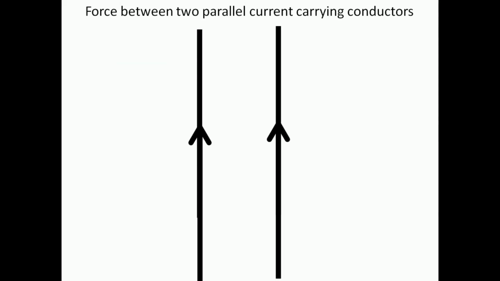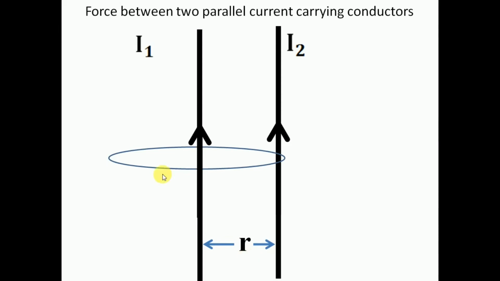So now let's derive the expression of this force. I am considering two conductors having currents I1 and I2, and the distance between them is r. I am drawing the magnetic field lines of conductor number 1. On this side the magnetic field is coming out of the screen, and on this side the magnetic field is going into the plane of the screen.